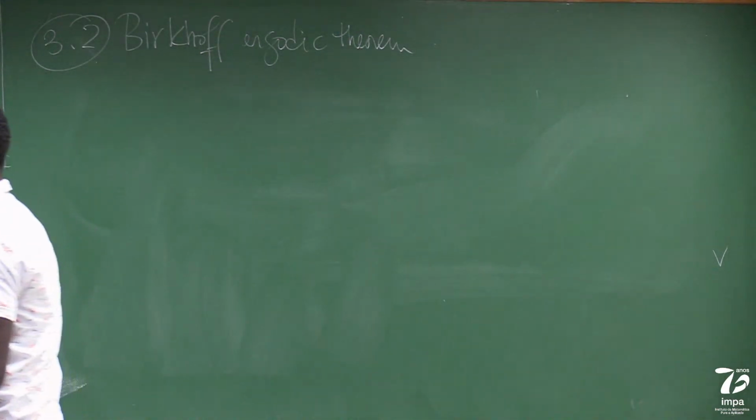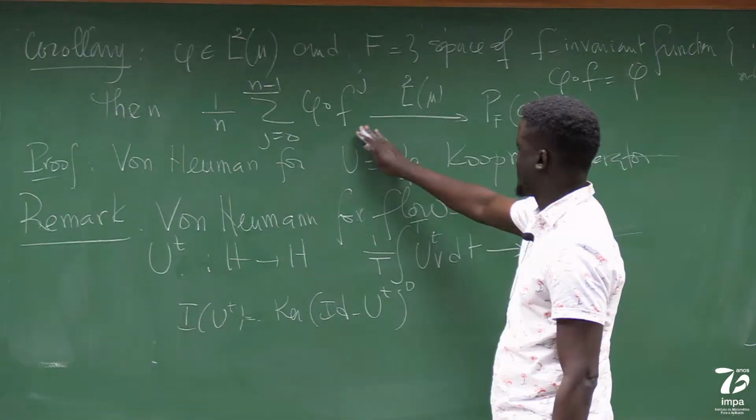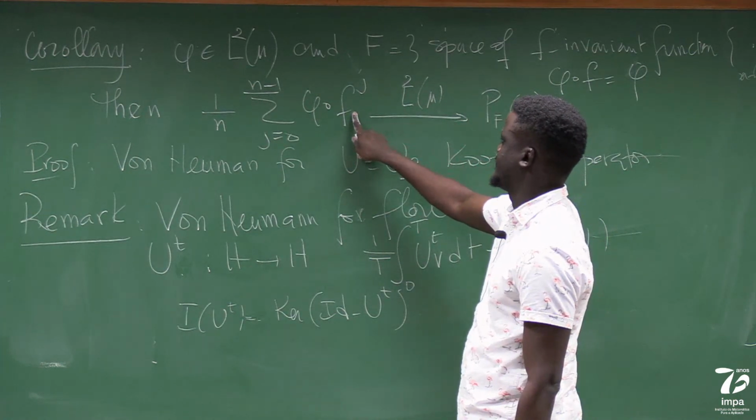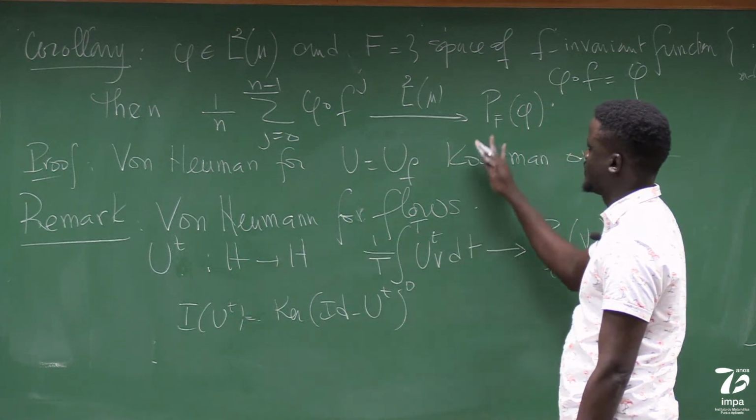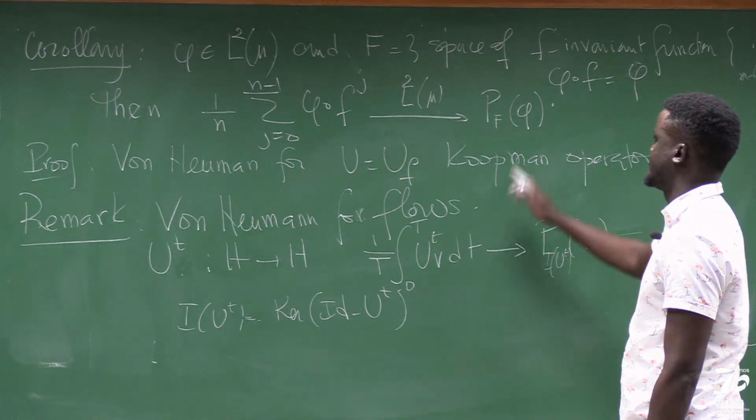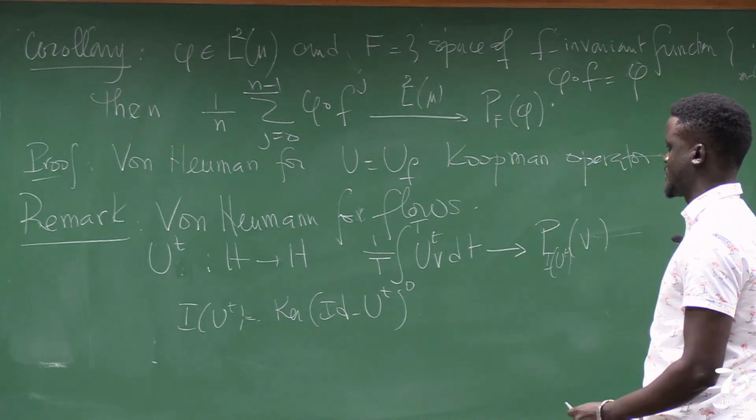So it's about, instead of having this convergence in L2, having it for every point x here, the convergence to something for phi being an observable. Okay.